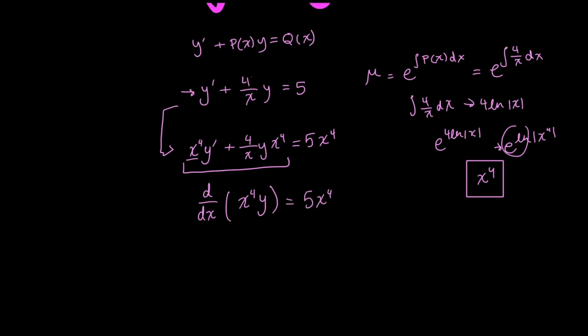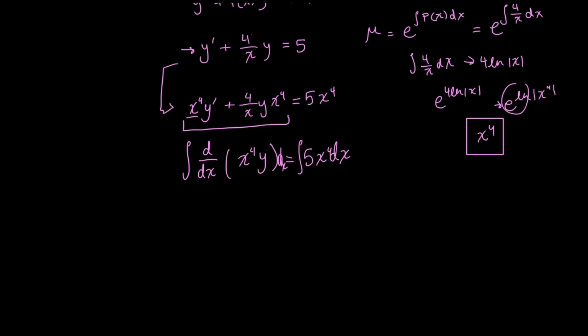Now the whole purpose of this integrating factor, which comes from the name, is to turn your differential equation into something integrable, which is what I could do now. Because if I integrate both sides, I know that because this is a derivative, I could utilize the fundamental theorem of calculus and know that this is just equal to x to the power of 4 y, right?